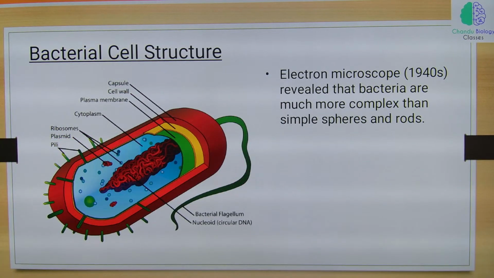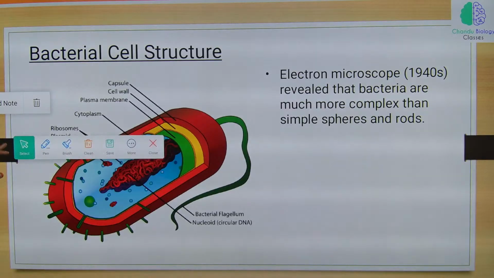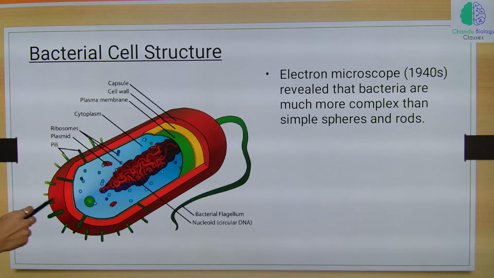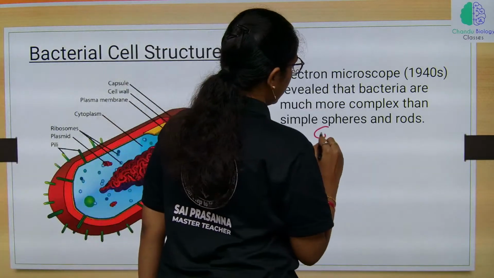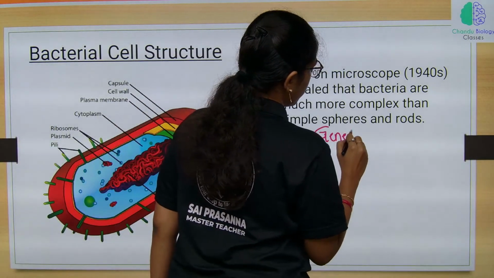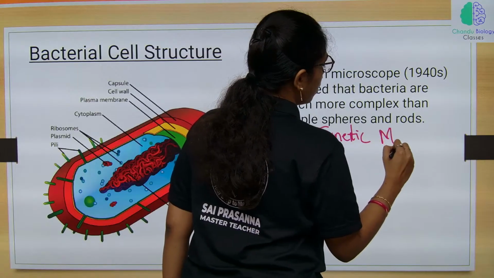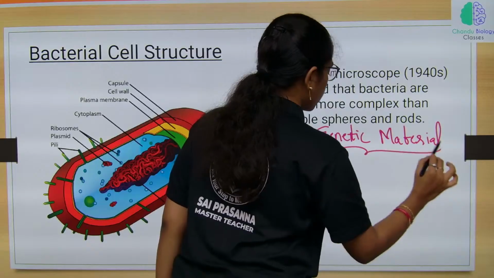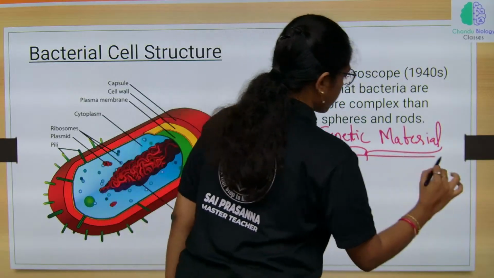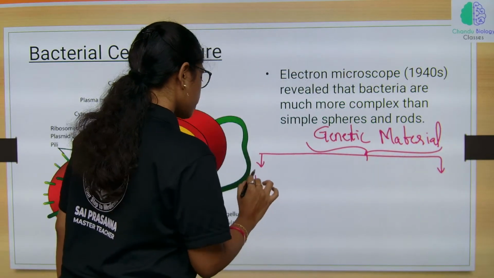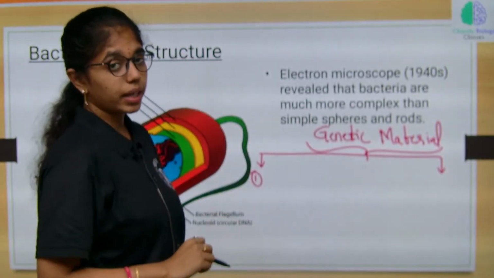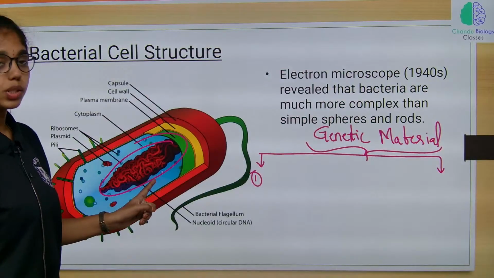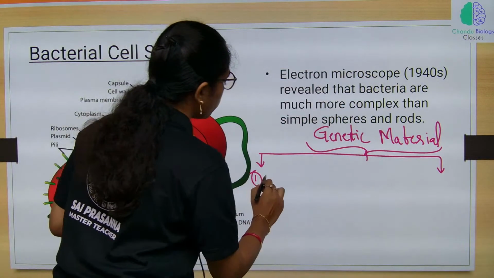The genetic material which is present inside the bacteria is of 2 types. One is called genomic DNA or chromosomal DNA. This complete thing is called what? Genomic DNA or chromosomal DNA.